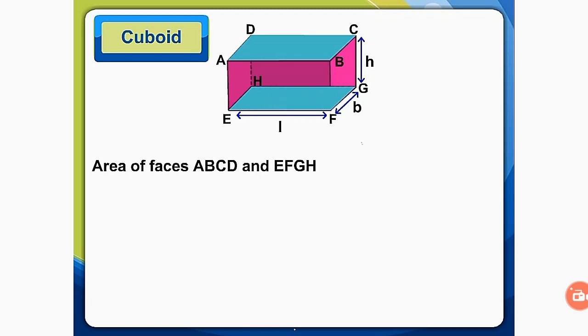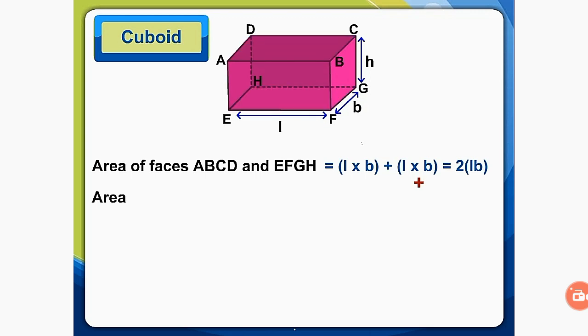So the dimensions that make up the top face and the bottom face are L and B. So therefore areas of these two faces, top and bottom faces, can be written as L into B for the top face plus L into B for the bottom face, which is equal to 2LB. LB plus LB is equal to 2LB. So 2LB is the area for top and bottom face.